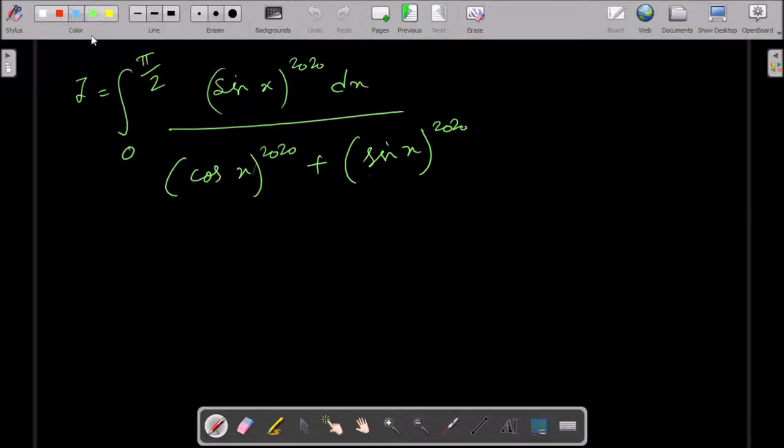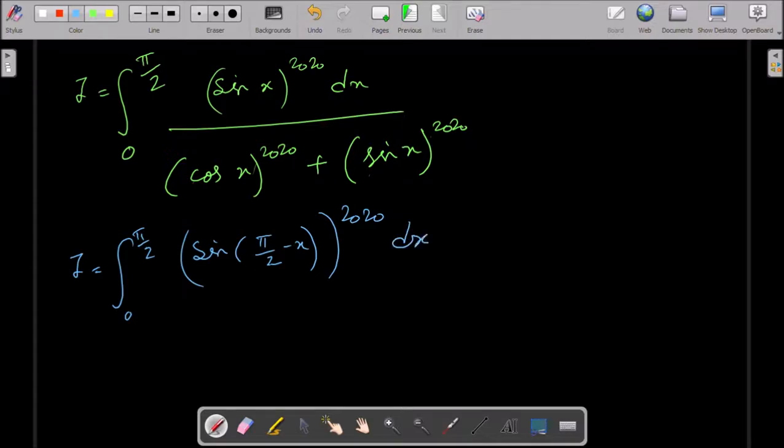Now see, I equals the integral from 0 to pi by 2 of sine of pi by 2 minus x. I'm not writing 0 because 0 plus anything will be that thing only, so no change will be there.